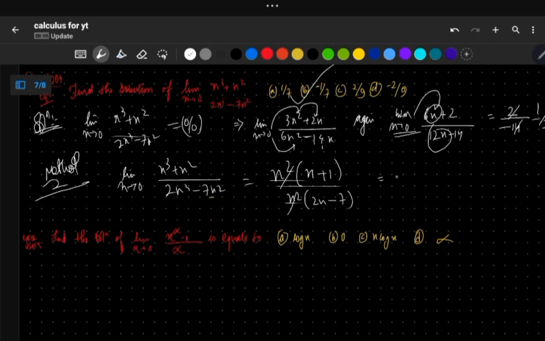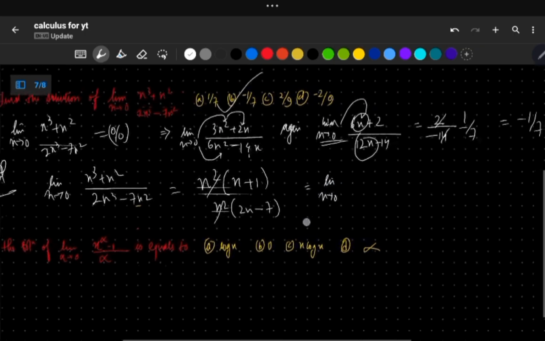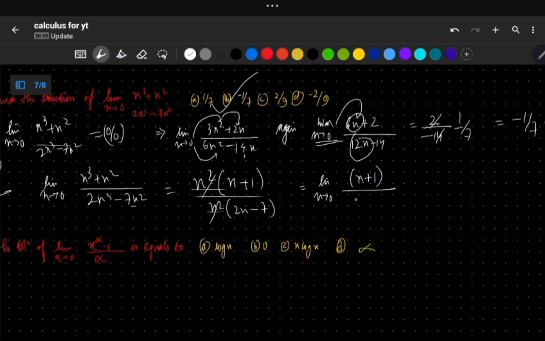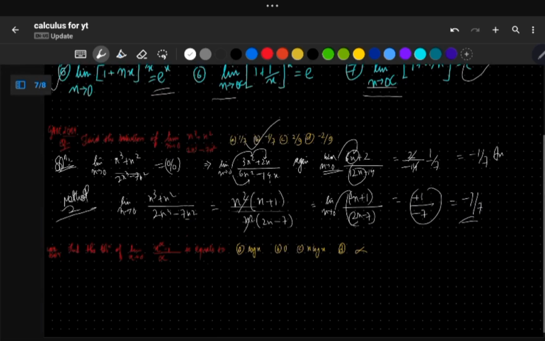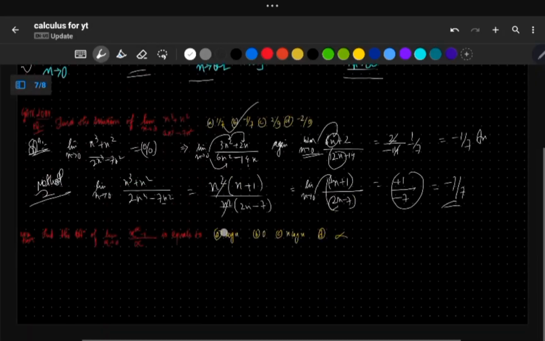Limit x tends to 0, x plus 1 by 2x minus 7. If we apply 0 for x, it becomes 1 by minus 7, which equals minus 1 by 7.